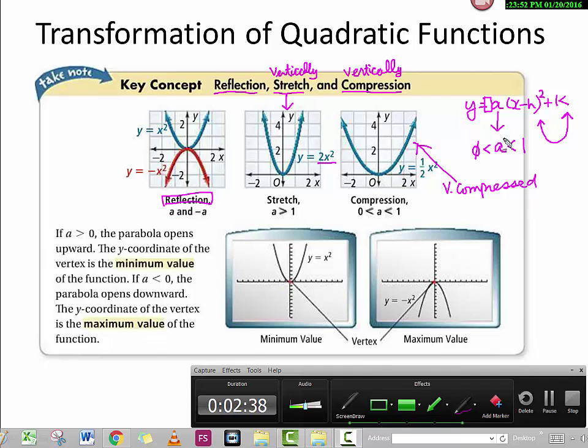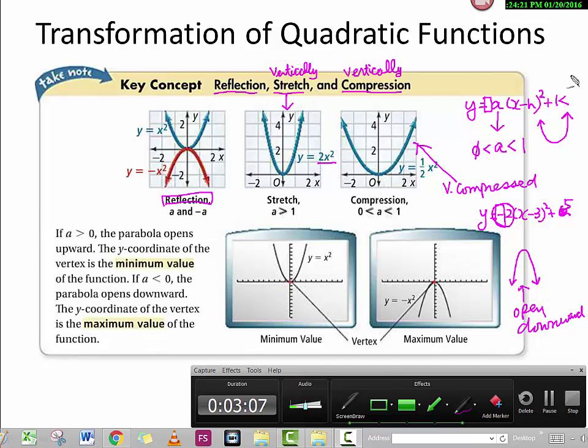And if I have negative 2 times x minus 3 whole squared plus 5, when you see the negative sign, you know right away it reflects across the x-axis, so it would open downward.